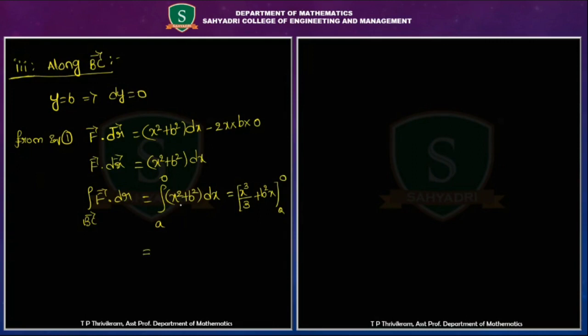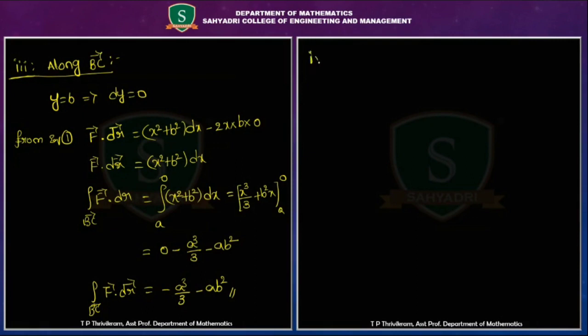So this is equal to, first 0, we will get minus a cube by 3, again minus a b square. Okay. So the integration along the BC line of f dot dr is equal to minus a cube by 3 minus a b square.